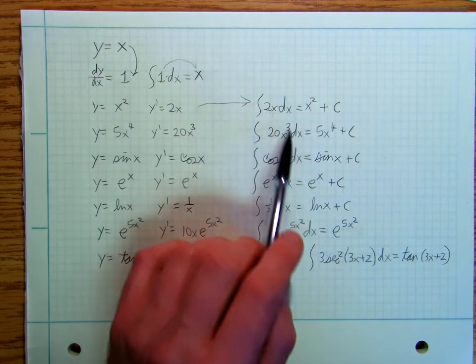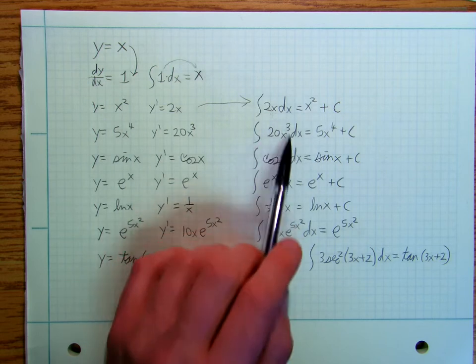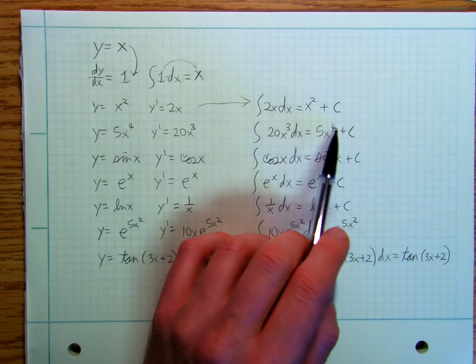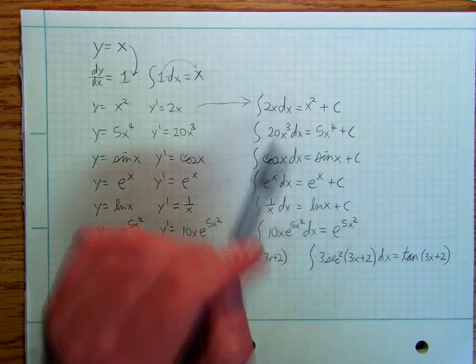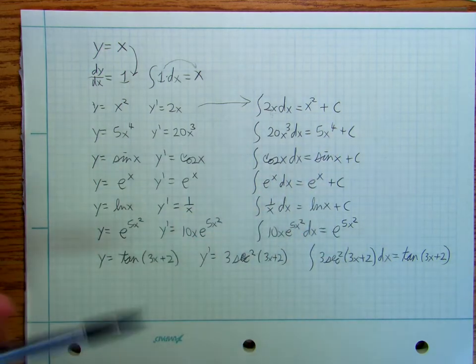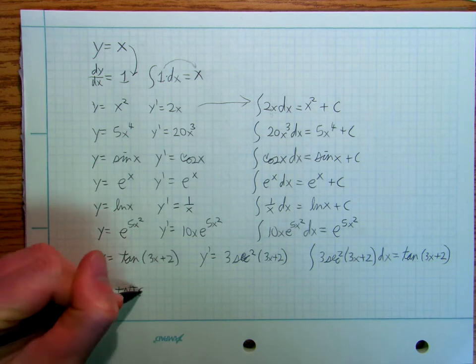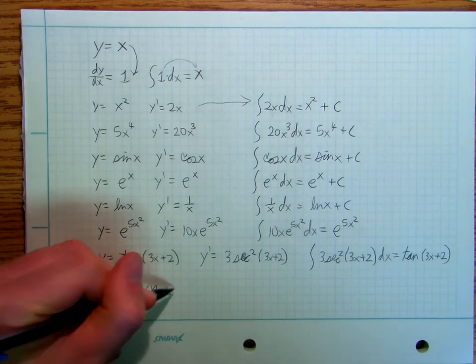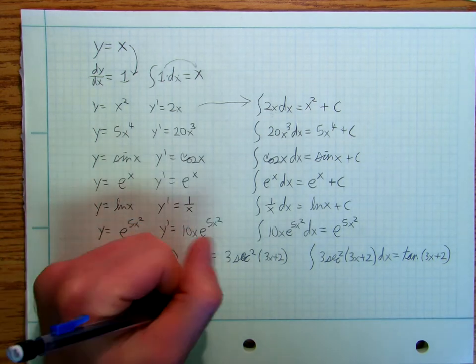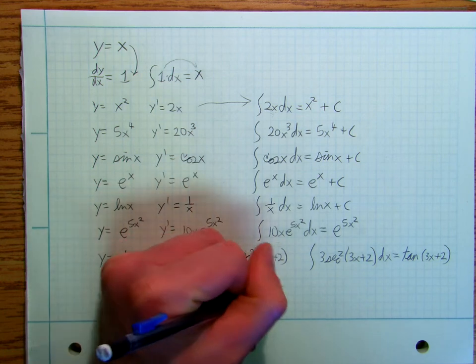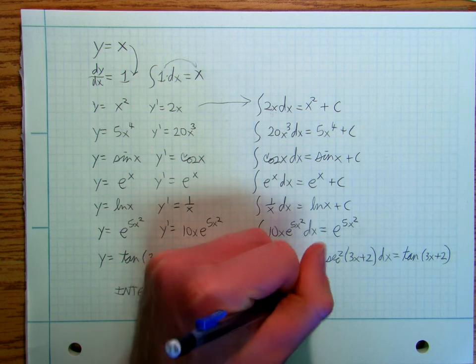Well, what function did I take the derivative of to get 20x cubed? That was 5x to the fourth plus c. And so you're just sort of thinking backwards, and that's sort of the whole point of this idea that integrals are basically antiderivatives. Sort of, mostly.